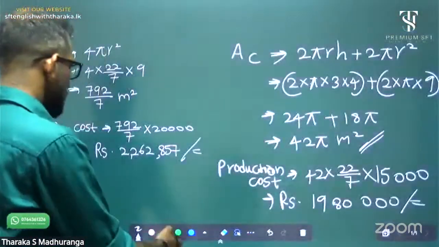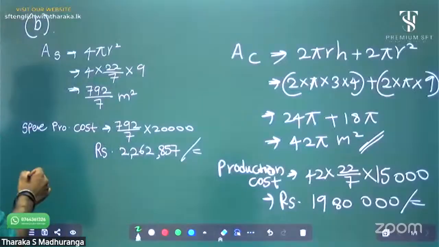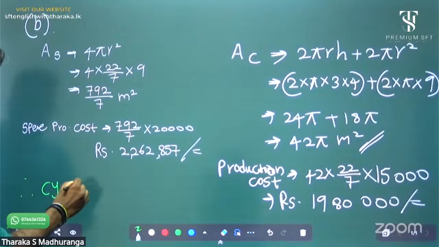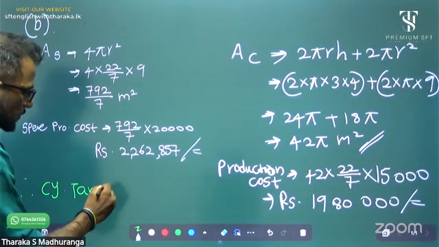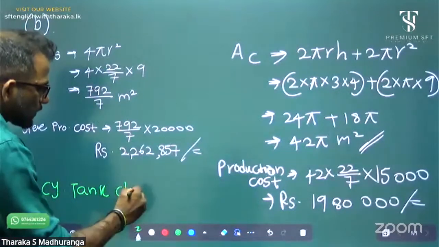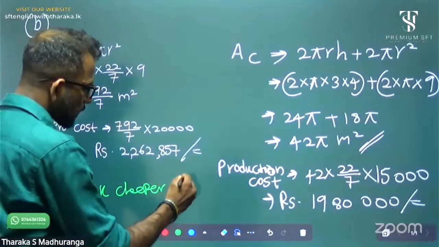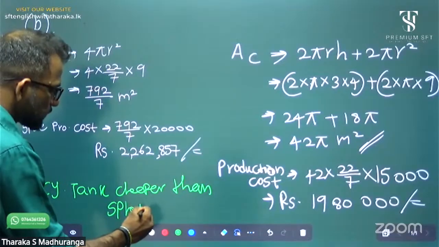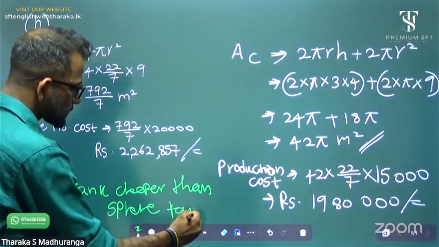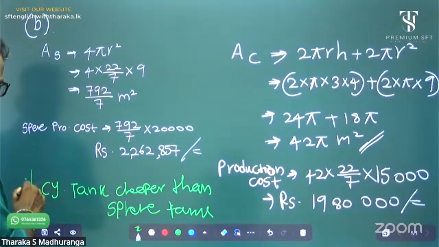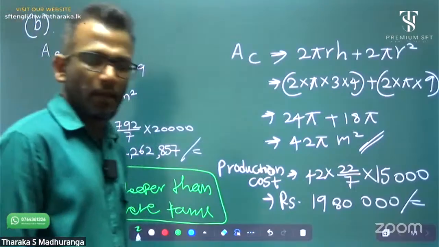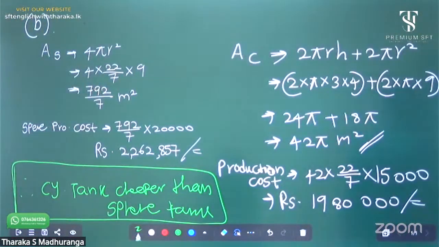Now you can say, therefore, the cylindrical tank is cheaper than the sphere tank. Okay, this is the final answer for the question. If you have any doubt, please ask.